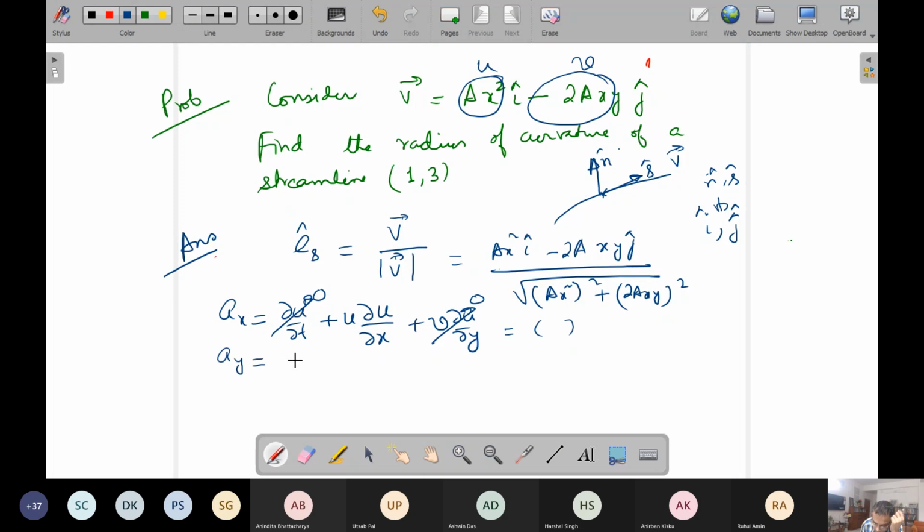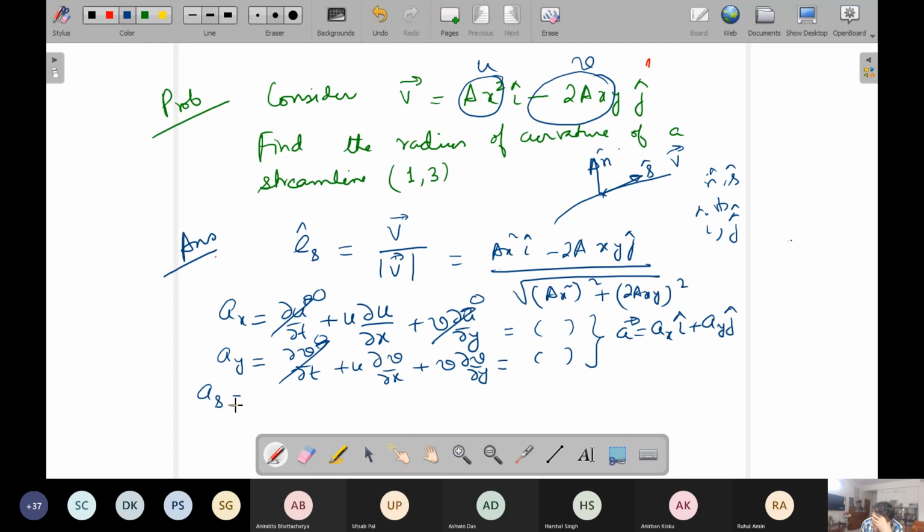Acceleration along y. P is also not a function of time, that is 0. So this will be something. So the acceleration vector in terms of the Cartesian system will be a_x i plus a_y j. I am just giving the outline so that you can put in the calculation. The method is more important.